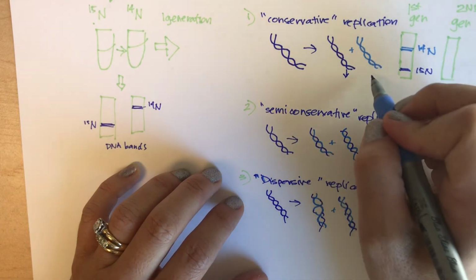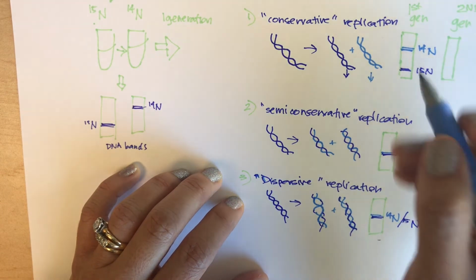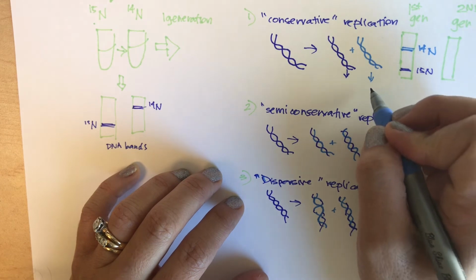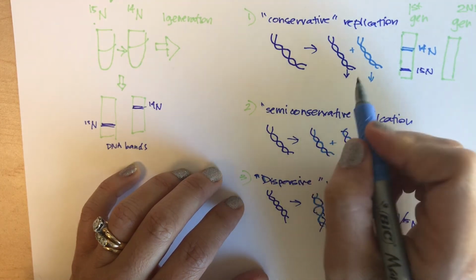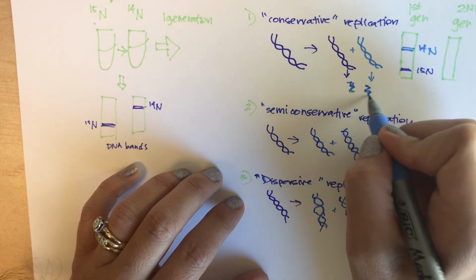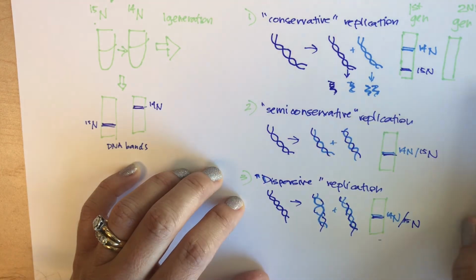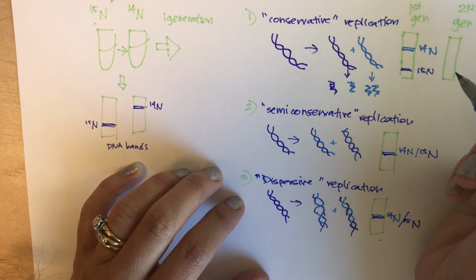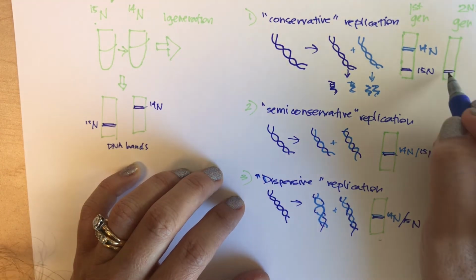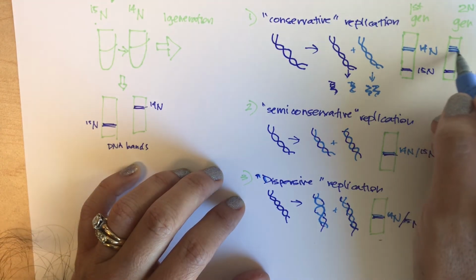And this one, we're going to basically have two light versions of it since we're growing up a second generation in 14N. So we would have one heavy molecule and two light molecules. So after the second generation, we would end up having the same 15N band and then a 14N band that had more DNA in it.